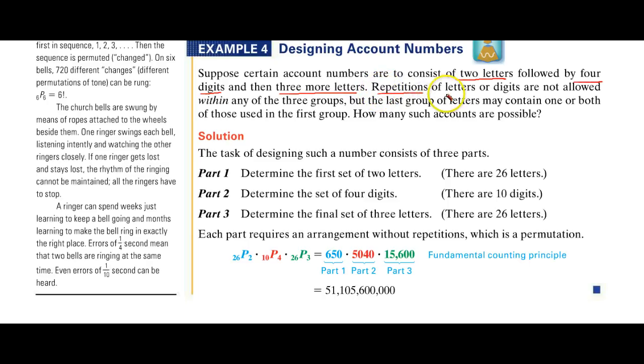Repetitions of the letters or digits are not allowed within any of the three groups. Now, since repetitions are not allowed, these are going to be permutations. But the last group of letters may contain one or both of those used in the first group. How many such accounts are possible?